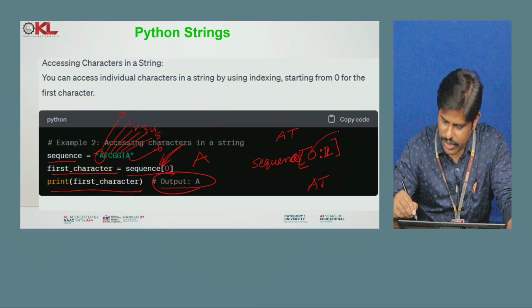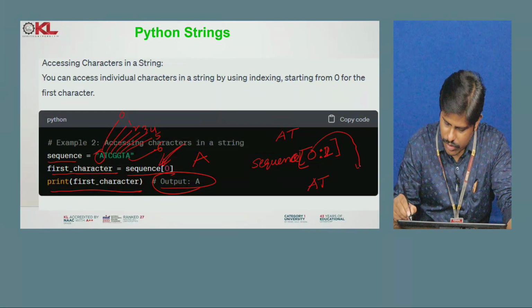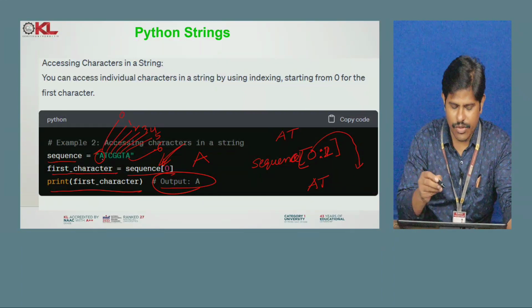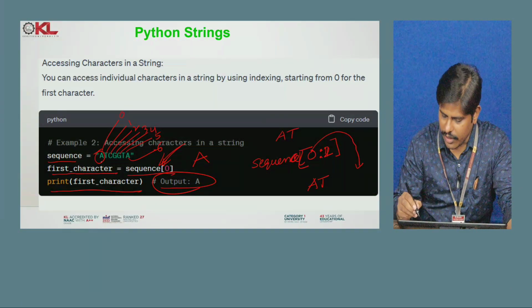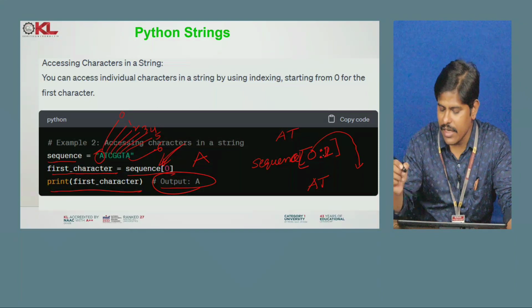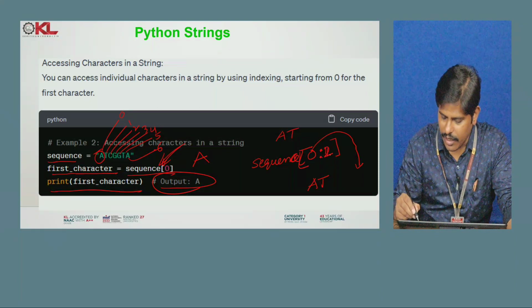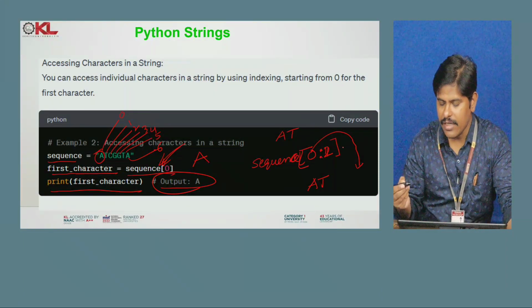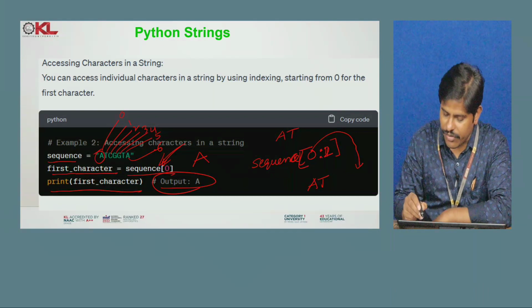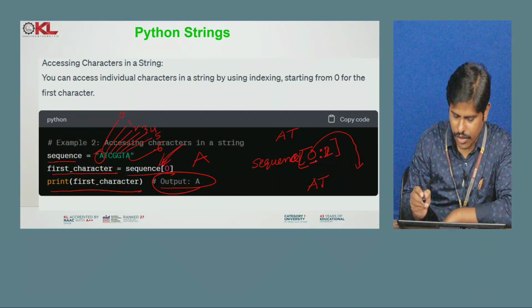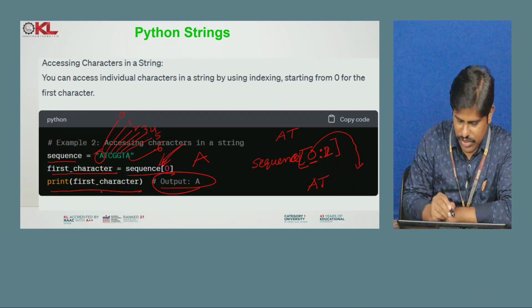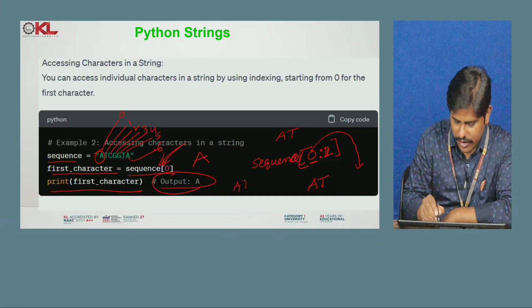Here this 0 indicates the actual position, which is starting from 0, and the colon in this case is the range operator, and 2 indicates the number of characters I want to print after starting from 0 here. So the output will be the first two characters, AT, printed on the screen.